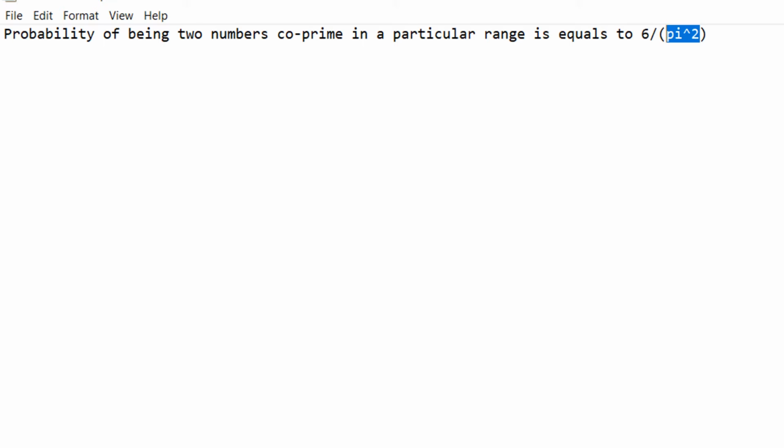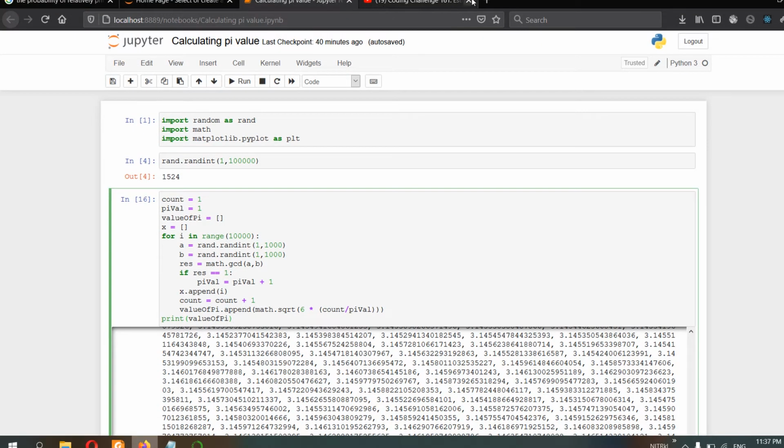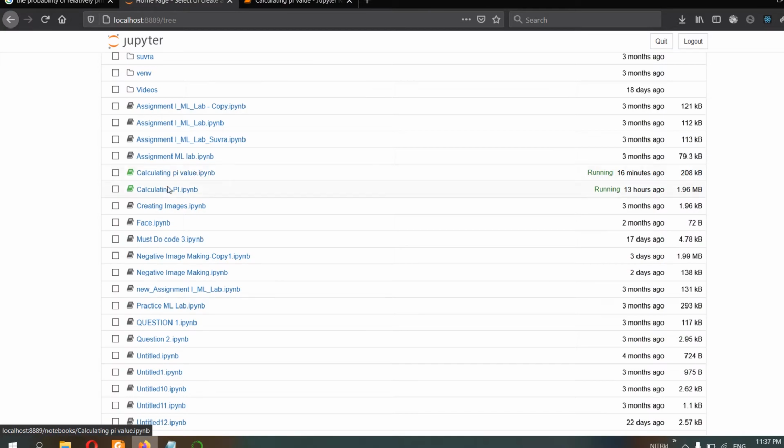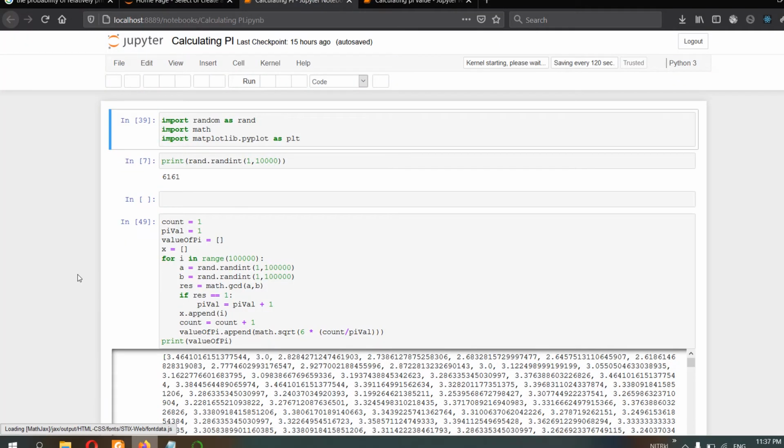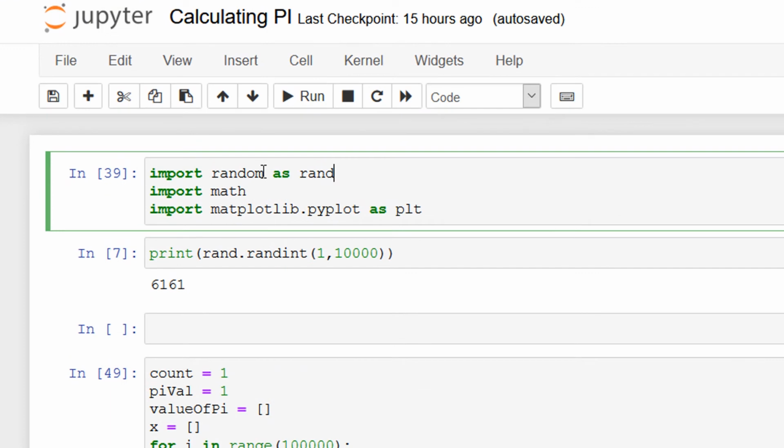First, importing random as rand, this library will generate the random numbers, and we will use the mathematical function GCD, so I am importing the math library, and then matplotlib.pyplot as plt.